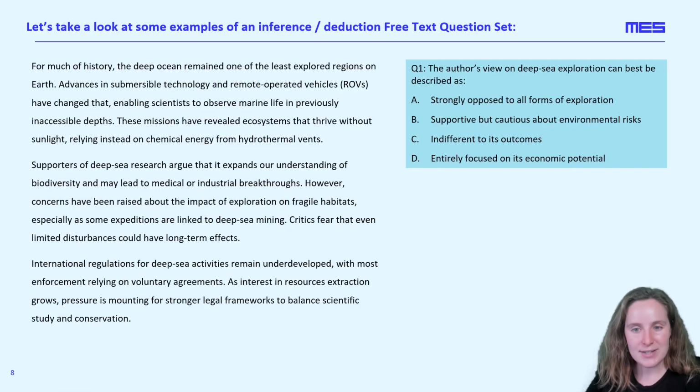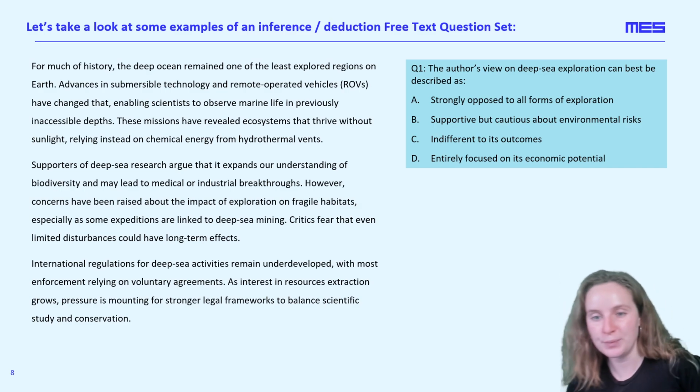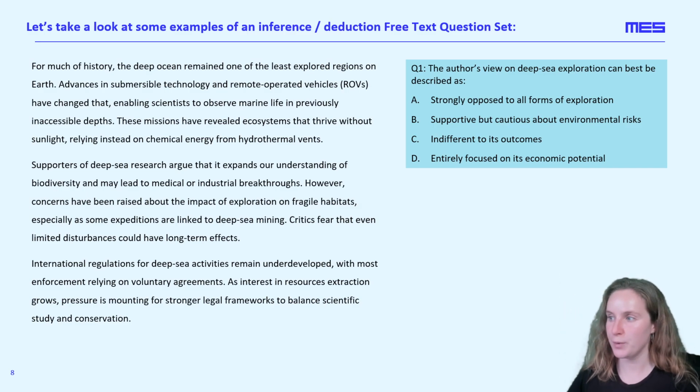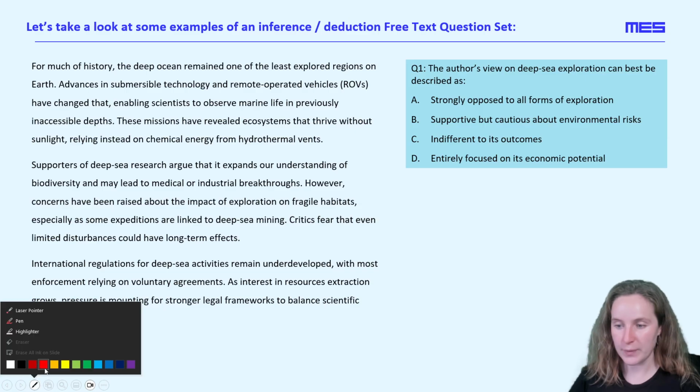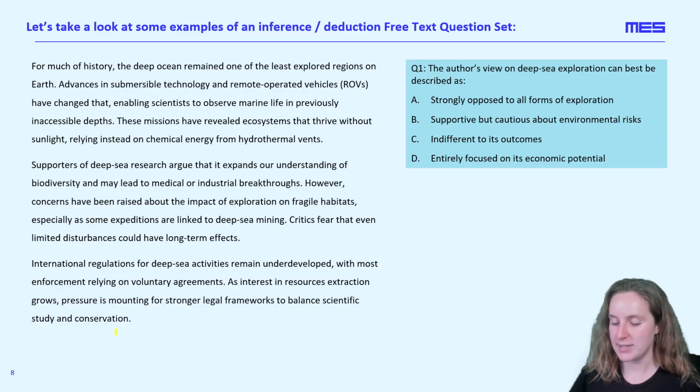Let's take a look at an example of one of these questions, and we're going to model the strategies for reading this that we would do for the exam. So we're not going straight into reading the passage, but instead we are using our keywords and our question in order to skim the passage.